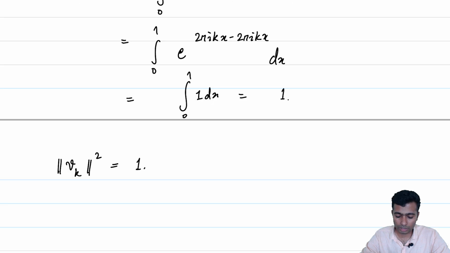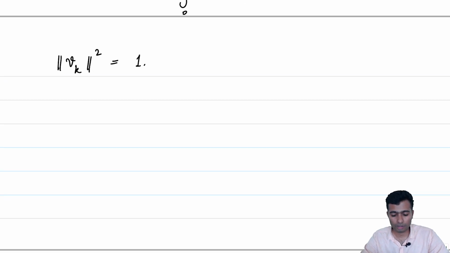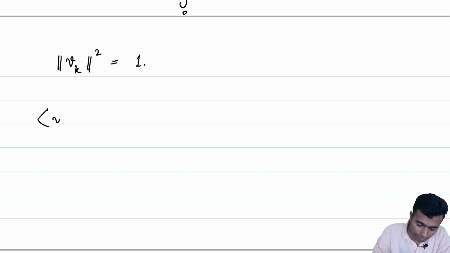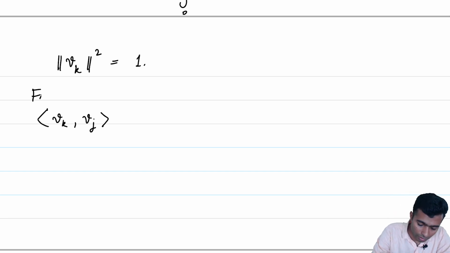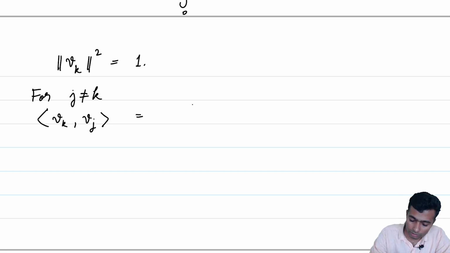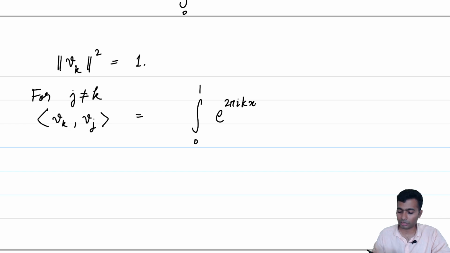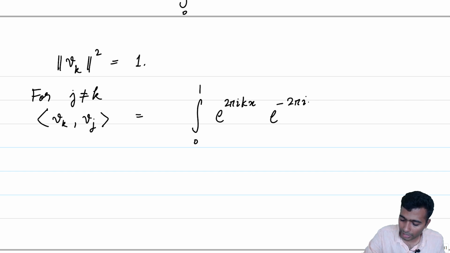Okay, how about the inner product of vk with vj? So let's look at the inner product of vk with vj for j not equal to k. This is just the integral from 0 to 1 of e to the power 2 pi i k x times, let me jump a few steps, the conjugate of e to the power 2 pi i j x.